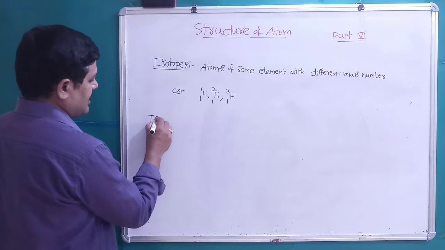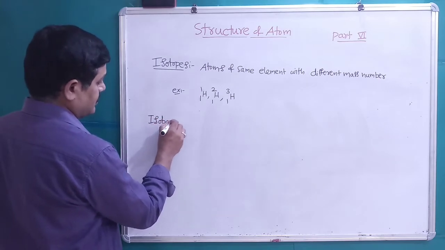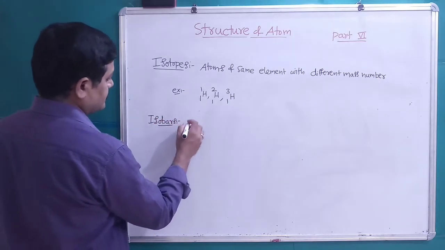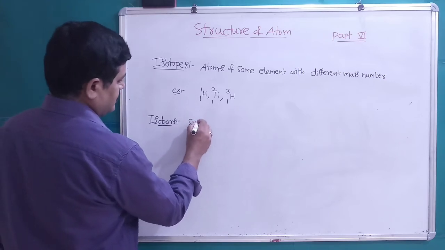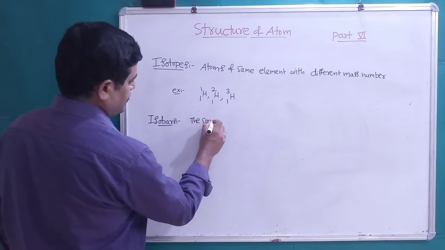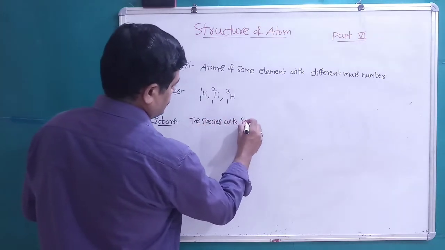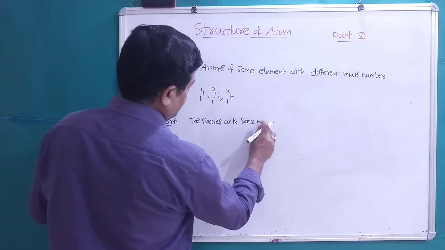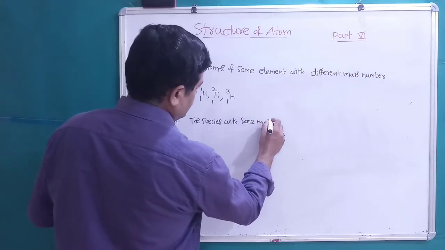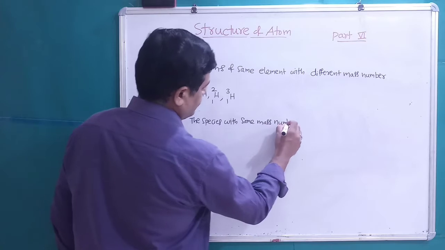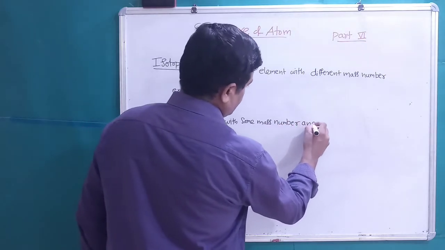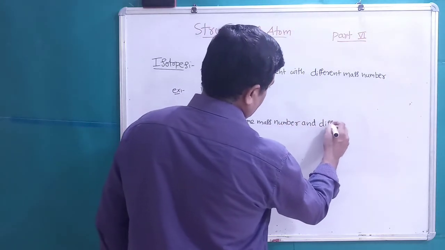And isobars: the species with the same mass number and different atomic number.